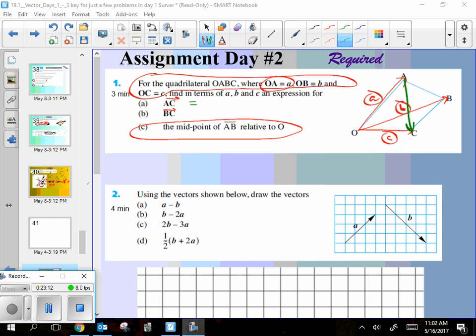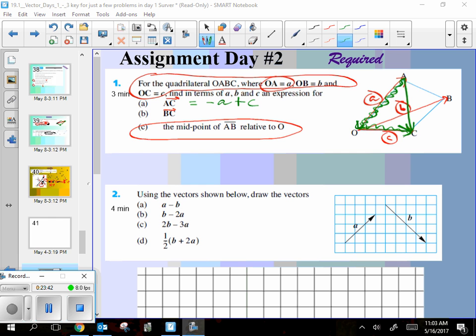Would you agree that I could go basically like this and then like this to get there? So what's that called? When I was going this way, do you get I was going the opposite direction as A? So that'd be negative A. And then I got to go the same direction as C, so that's plus C. There it is. Negative A plus C.